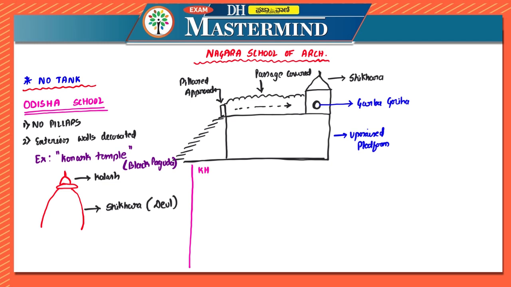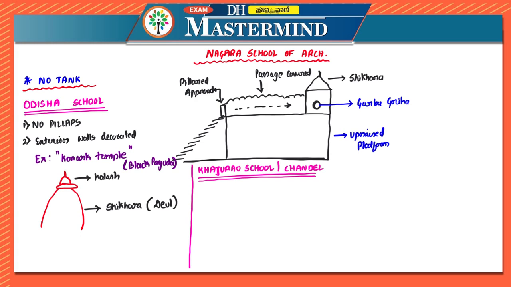What is the other name for this architecture? Khajuraho school is also known as Chandel school. Very, very important. It comes under Nagara style of architecture.